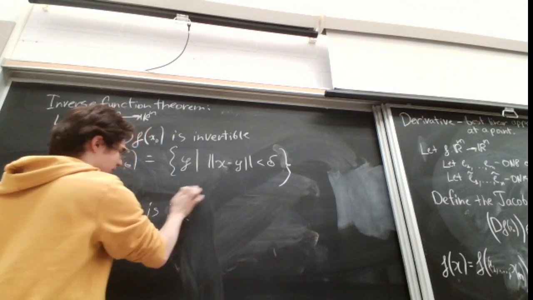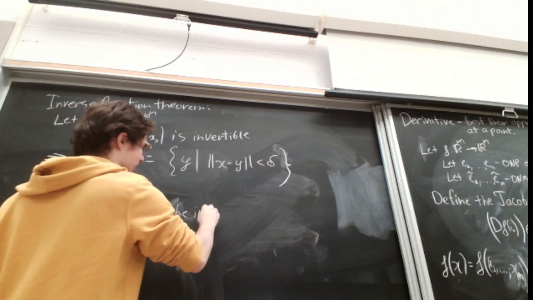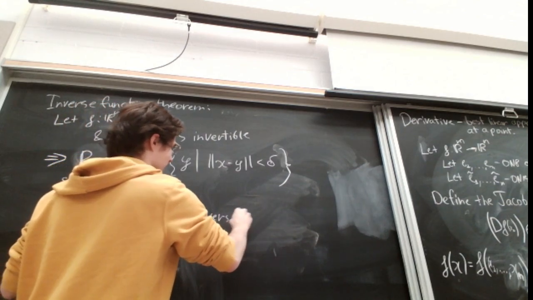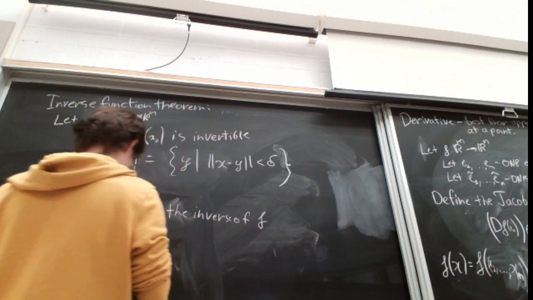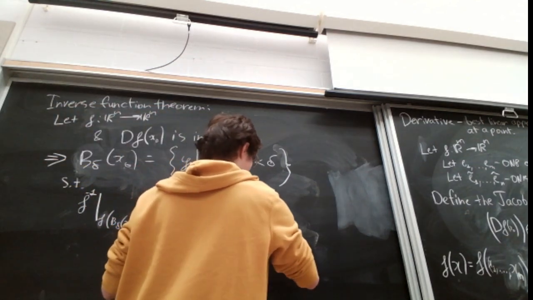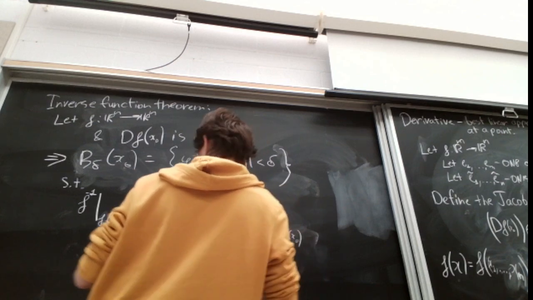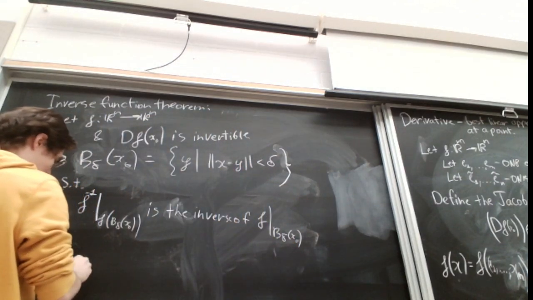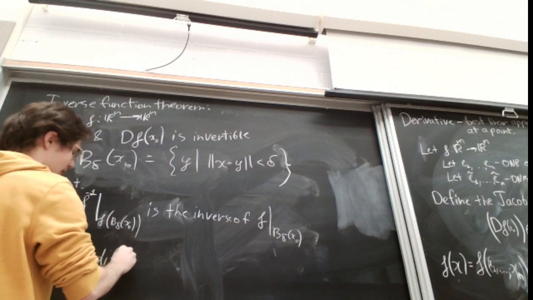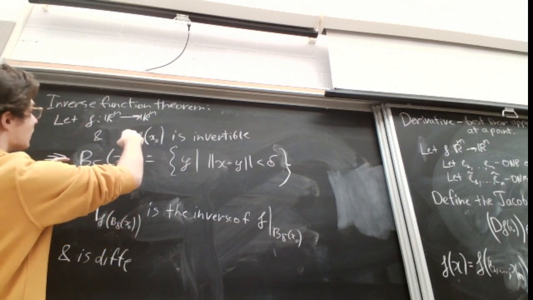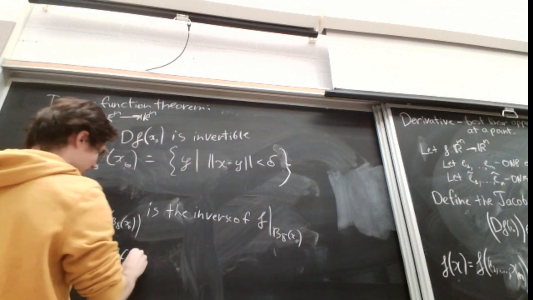So it is in fact a function, and it is the inverse of f restricted to the ball, I guess. And it is differentiable. So if f is invertible and df is invertible, then the inverse exists and is differentiable.